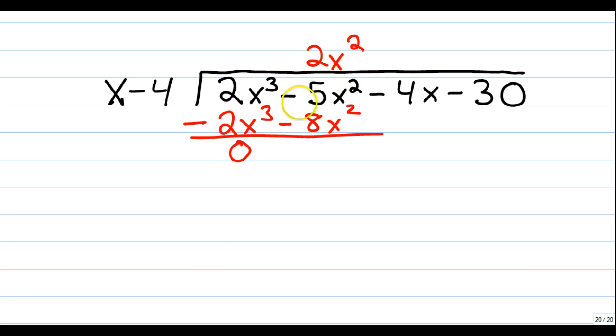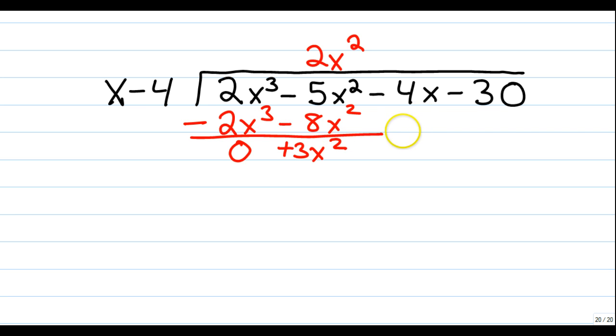Right? Another way of saying that is a negative 5, and with a minus and a negative makes a plus. So a negative 5 plus 8. They're opposites, so subtract them from one another and keep the sign of the larger. In this case, it's the plus 8. So plus 3x to the 2nd power.